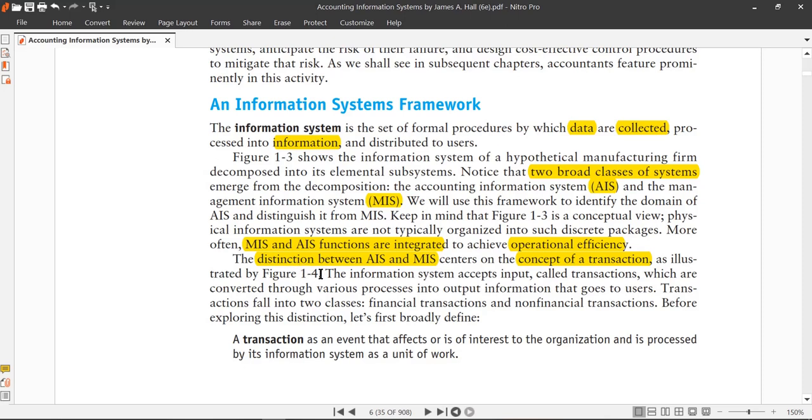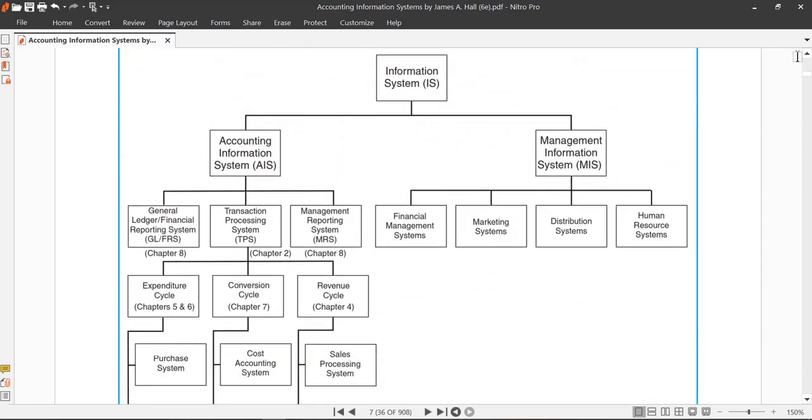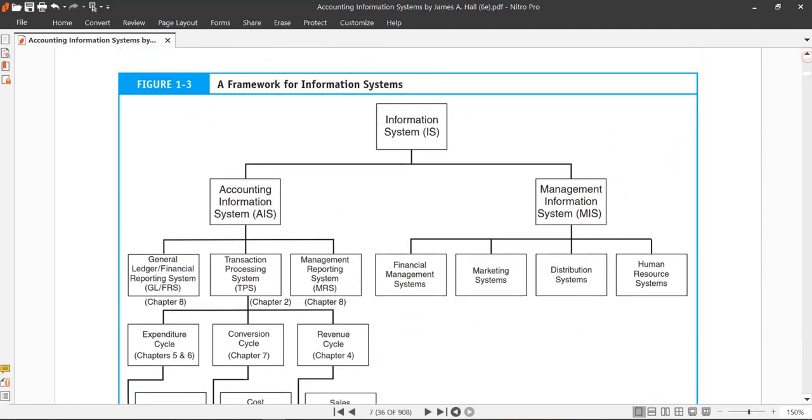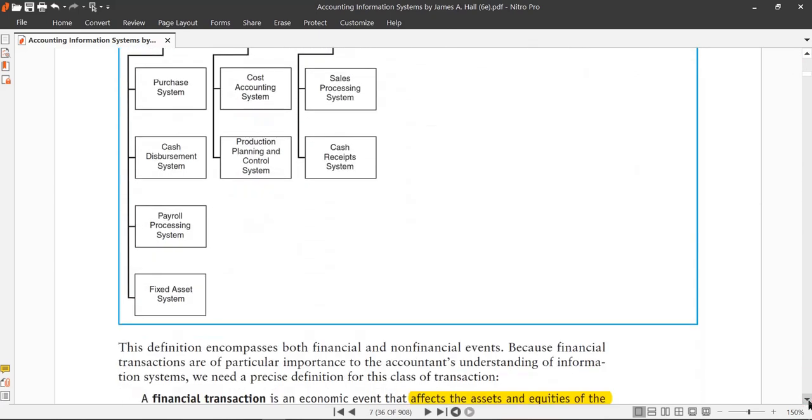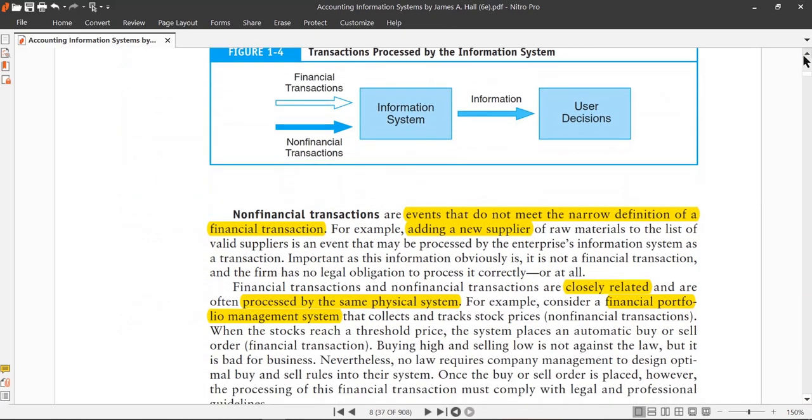The distinction between these two centers on the concept of transaction. So, i-illustrate siya sa figure 1-4. Tingnan natin. Ito na yun.